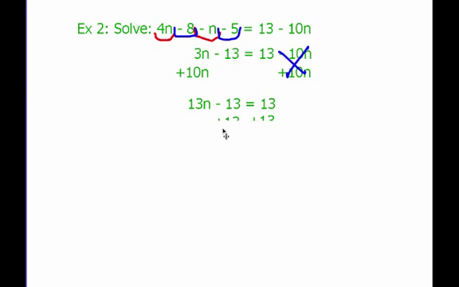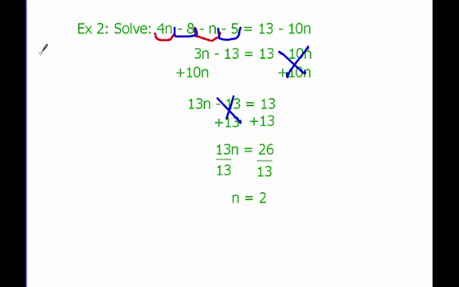I'm going to add 13 to both sides to get rid of this minus 13. I get 13n equals 26. Got to get rid of this 13, so I divide both sides by 13. And I get n equals 2. All I did was combine like terms at the beginning, and then solve it like we already know how.